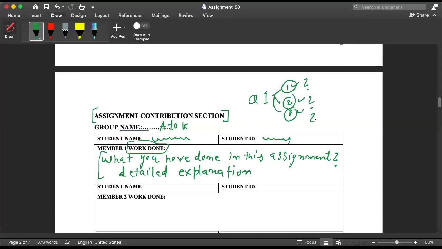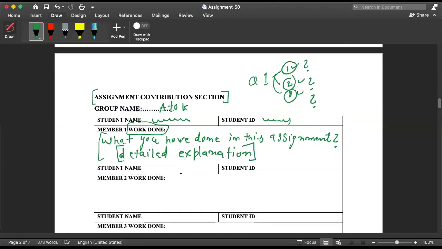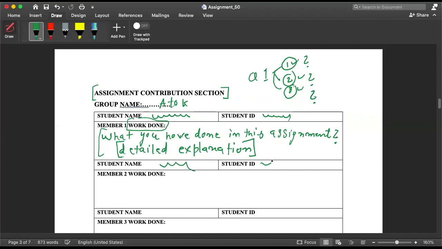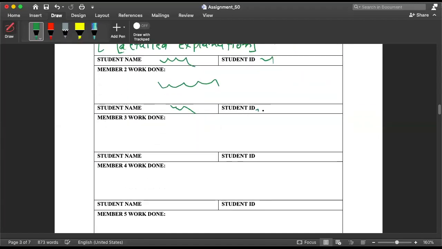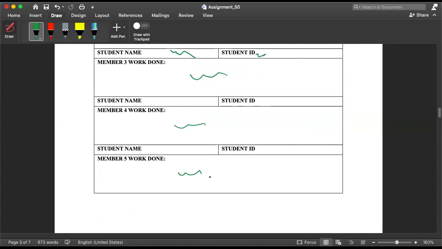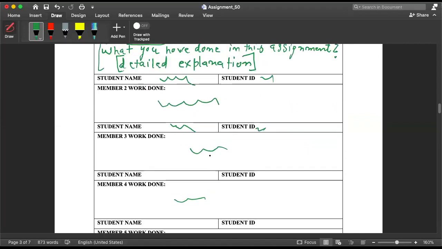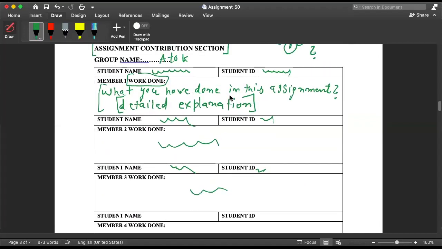So that's why you have to provide a detailed explanation. And same thing with the second group member's contribution, third group member's contribution, and fourth or fifth, depending on how many group members you have, right? So you have to fill this in very detail, all right?